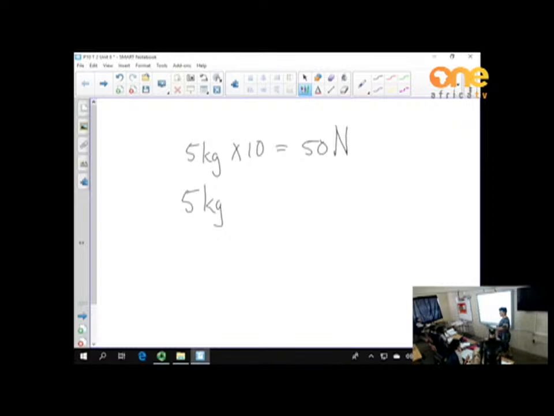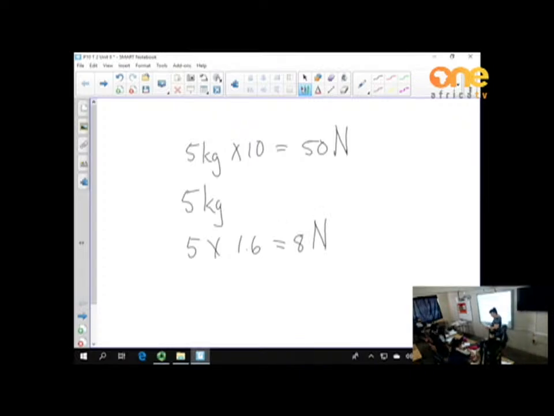We didn't lose a lens and a shutter along the way. Are you with me? Okay, the mass remains the same. And then what is the weight on the Moon? Well, the weight on the Moon is mass times 1.6, because the gravity is 1.6 Newton per kilogram, and that gives me 8 Newton.